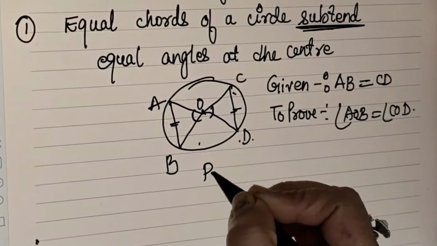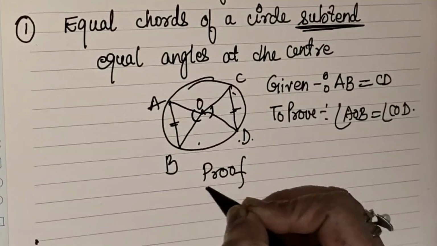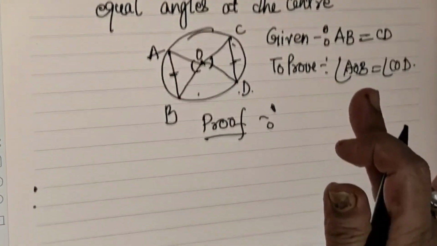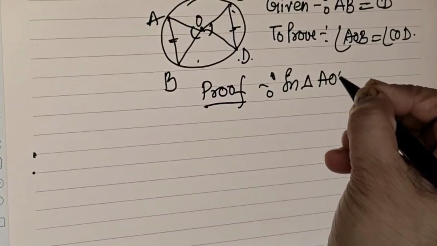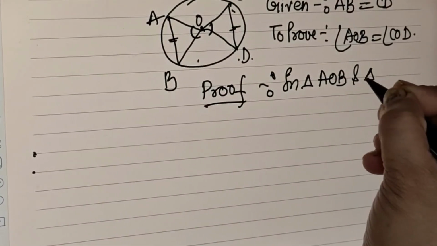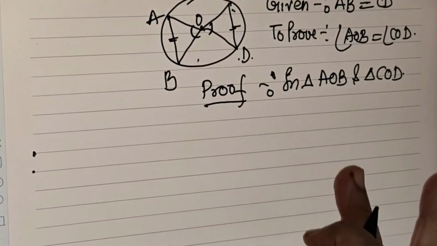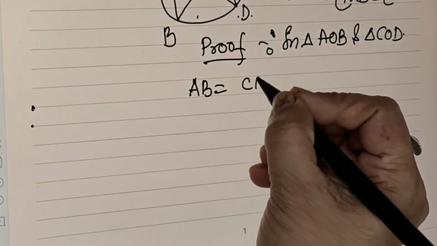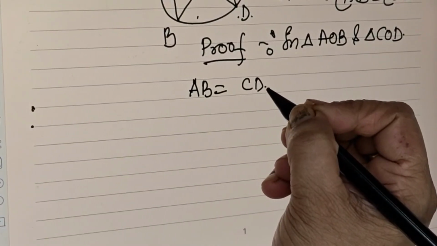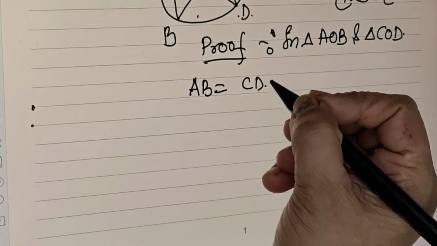I am going to start with the proof. Let it be in triangle AOB and triangle COD. Now AB is equal to CD. You should be clear with your congruency property and congruency concept.